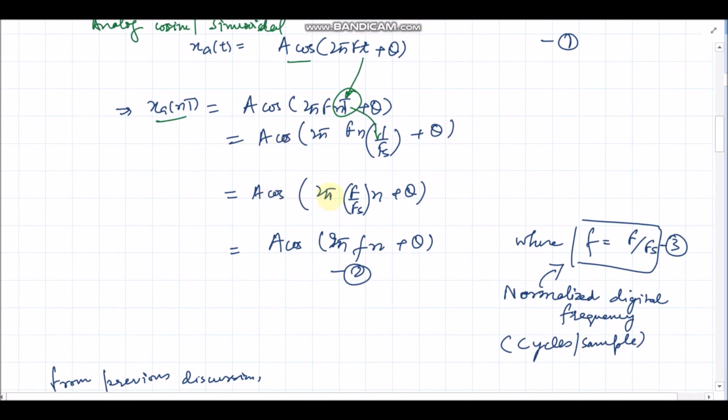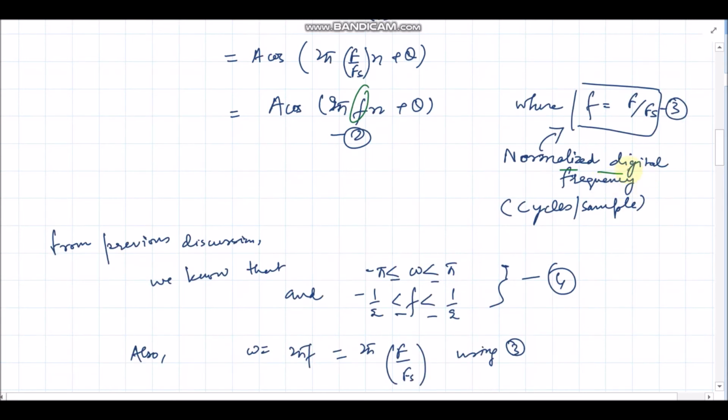Then A cos(2 pi (f by fs) n plus theta), and this f by fs can be written like this, small f. This is the digital frequency. This is the normalized digital frequency. Why are we calling it normalized? Because this digital frequency will range between minus half to plus half. This digital frequency has the units of cycles per sample.